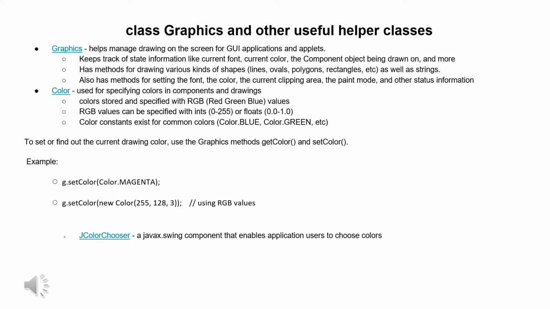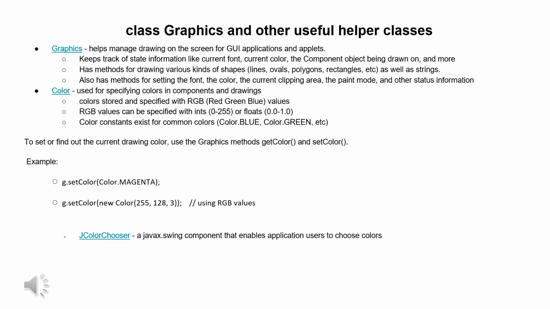It has methods for drawing various kinds of shapes like lines, polygons, rectangles, as well as strings. It also has methods for setting the font, the color, the current clipping area, the paint mode, and other status information.